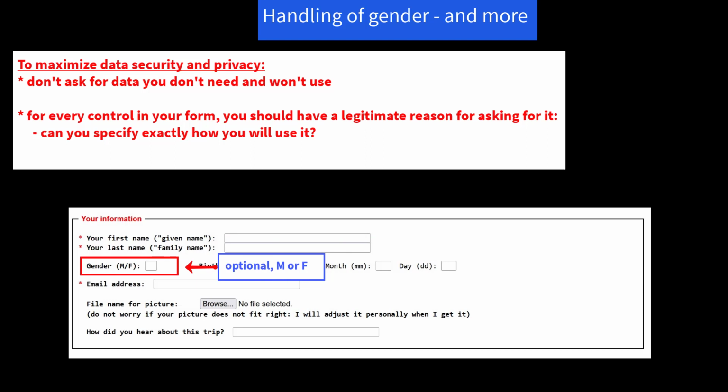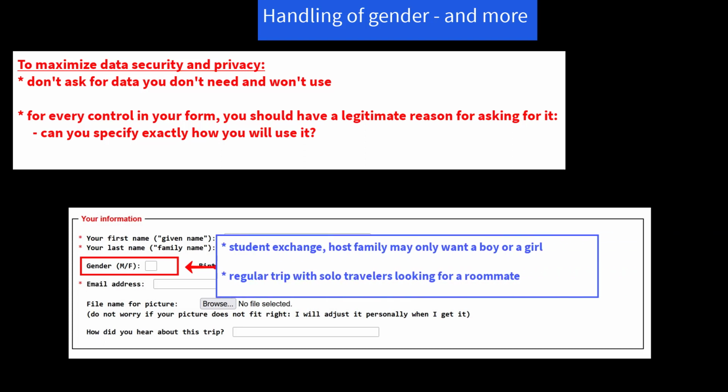However, here are two situations that might be useful. For student exchanges, a host family may only want a boy or a girl. Note that many first names these days can be ambiguous, so in this case, I make this field required. Also, for regular trips, people traveling alone may wish to room with another traveler in order to avoid single supplement charges.